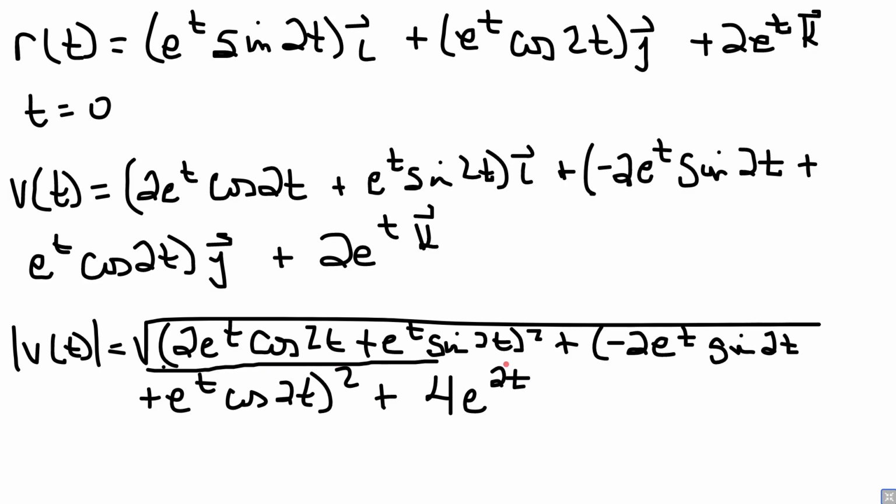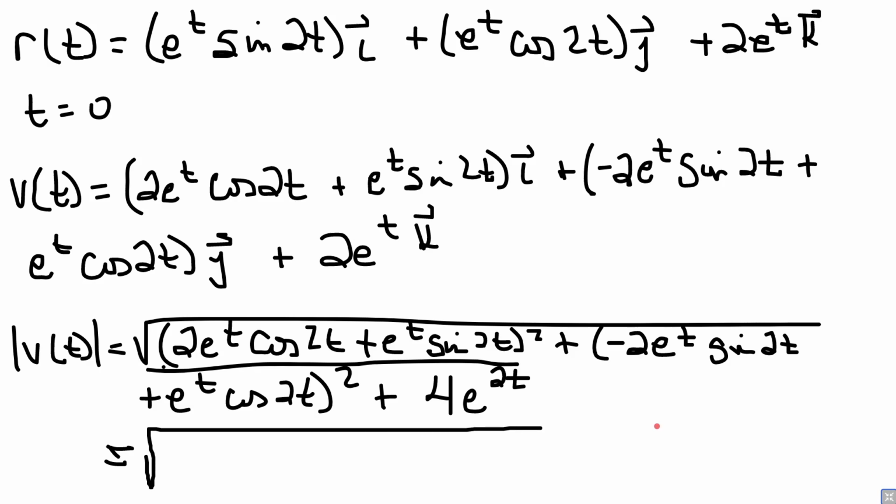Okay, so this is what we're going to have. To make our life easier, basically every term has an e to the t, and it's going to end up being an e to the t squared that comes out. So I'm going to go ahead and factor that out.